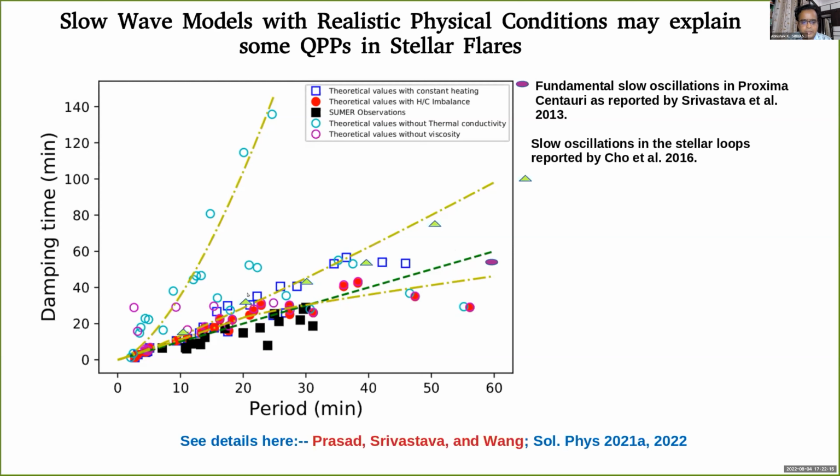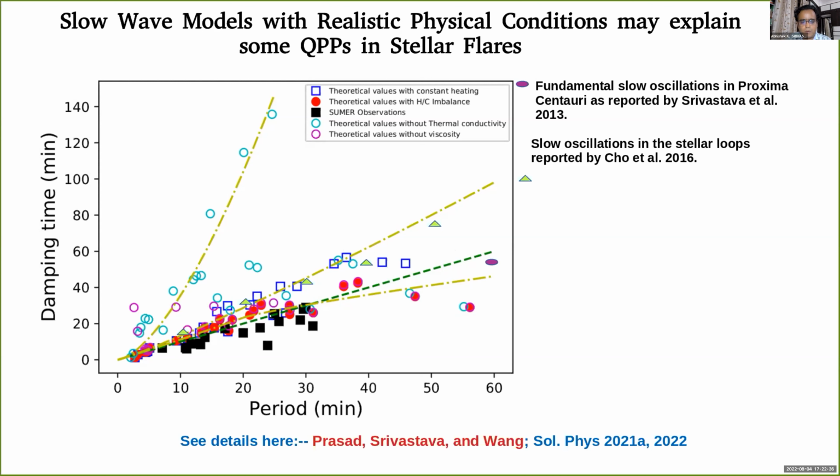Then for the rest of the data, this blue square is the theoretical value between damping time and period for a range of loops with different parameters, for constant heating. The filled red circle is for the theoretical values with heating-cooling imbalance.